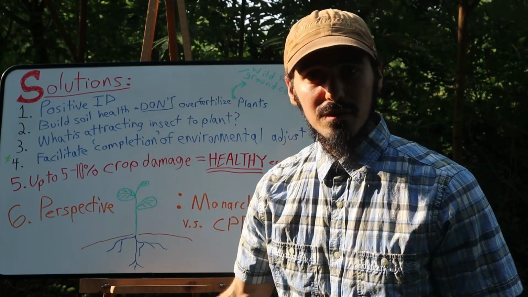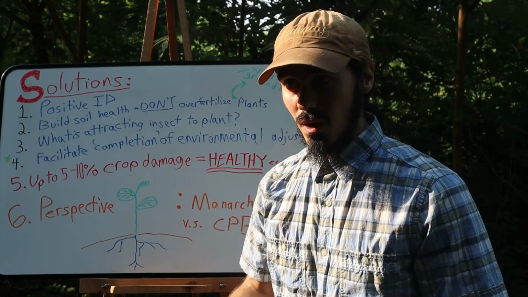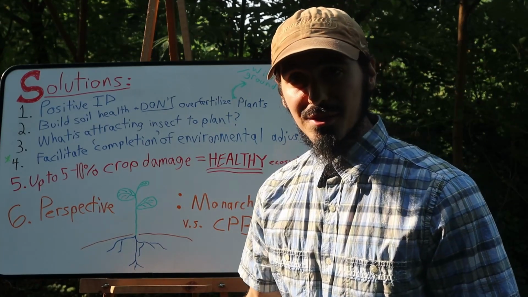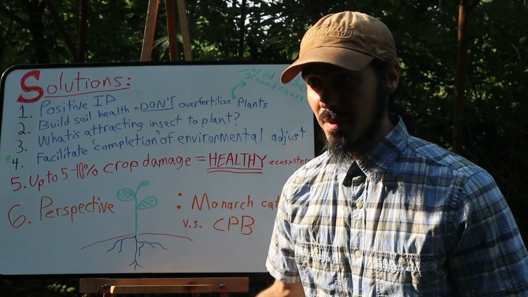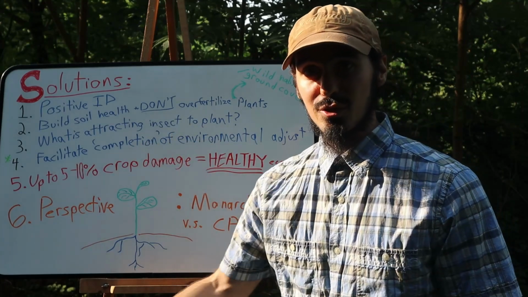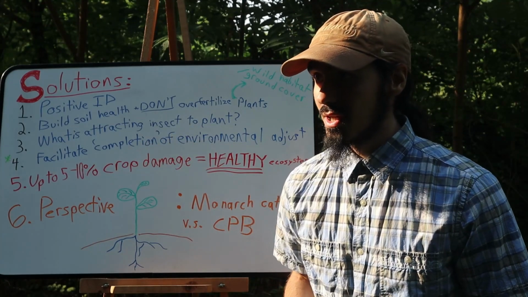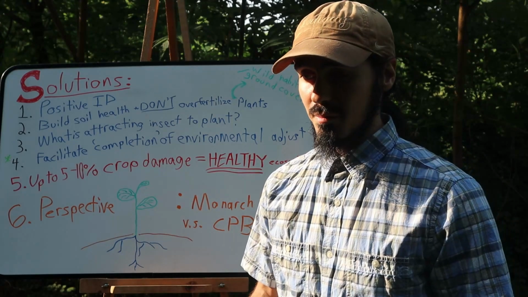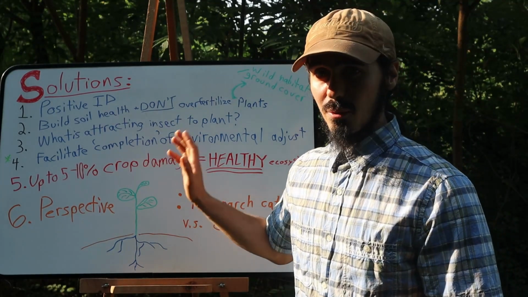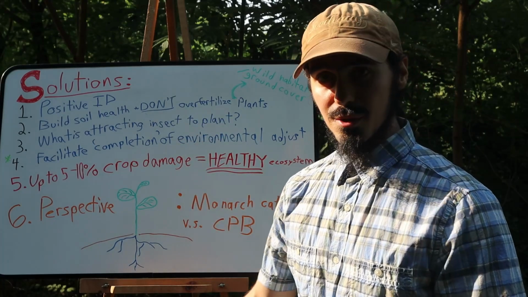Because if we only focus on growing larger, more abundant crops, that may actually in turn make these crops more susceptible to pest damage, right? Specifically, if we are over fertilizing these crops, right, especially with nitrogenous based fertilizers and things like that. So we just want to make sure that we're not over applying those fertilizers.